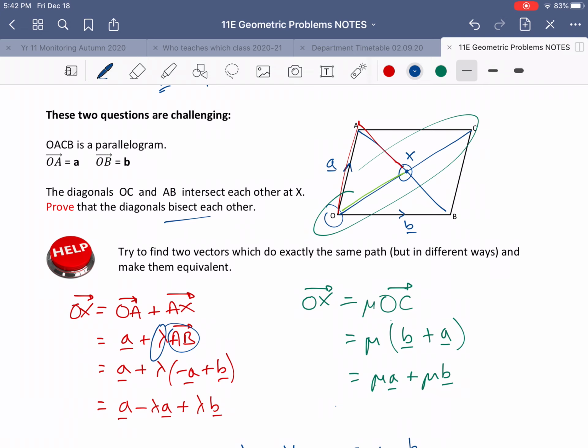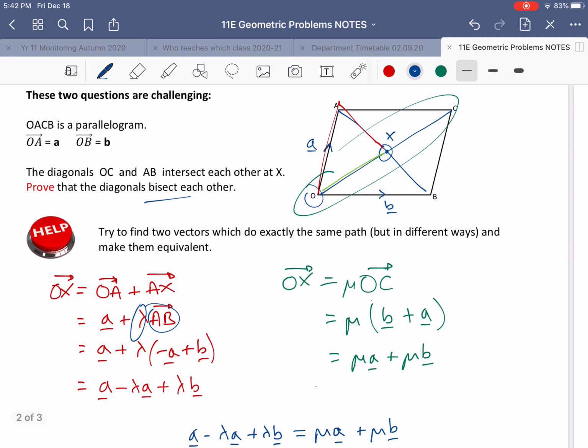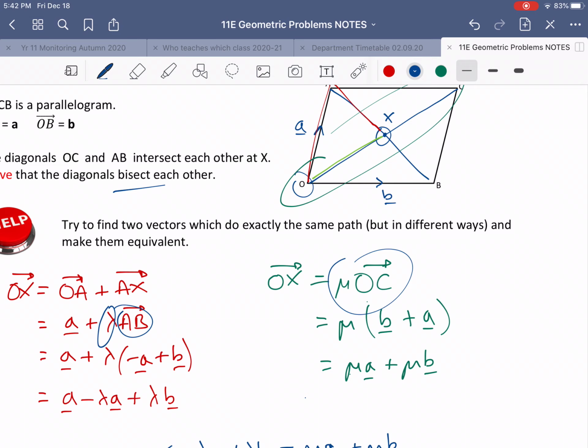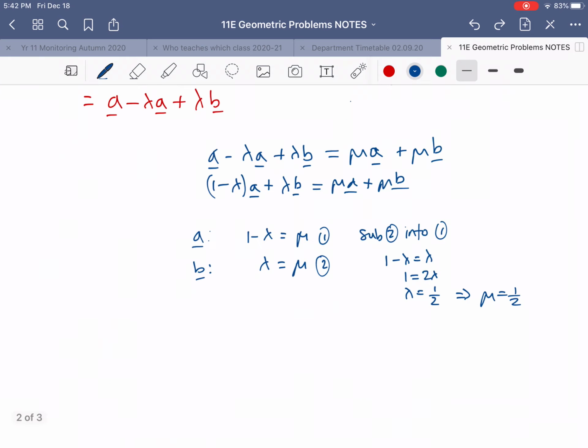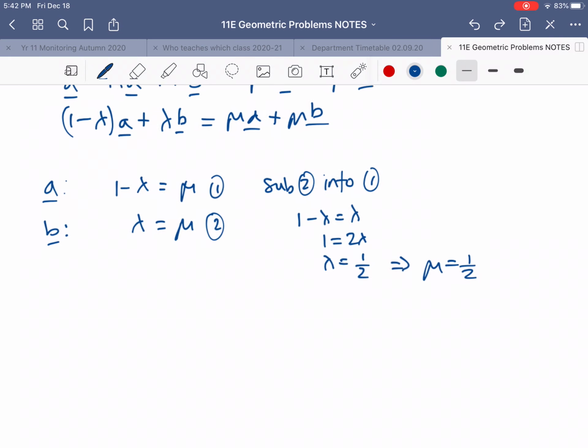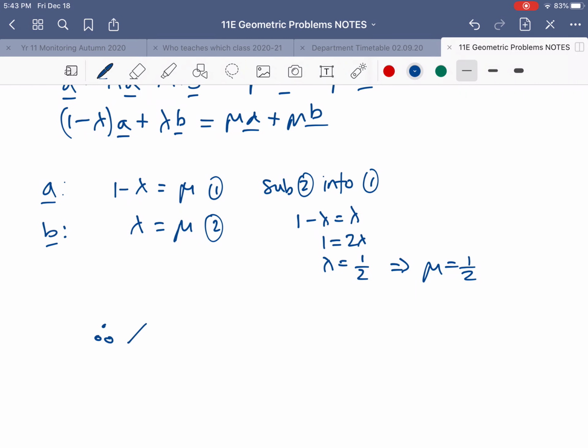Now, because the question was saying we're bisecting each line, we need to prove it's the midpoint of the other one. And here we said O to X was some sort of multiple of O to C, and we've shown that actually it's a half of it is what makes it work. So we finish up by writing here that therefore X is halfway along OC and halfway along the other one.